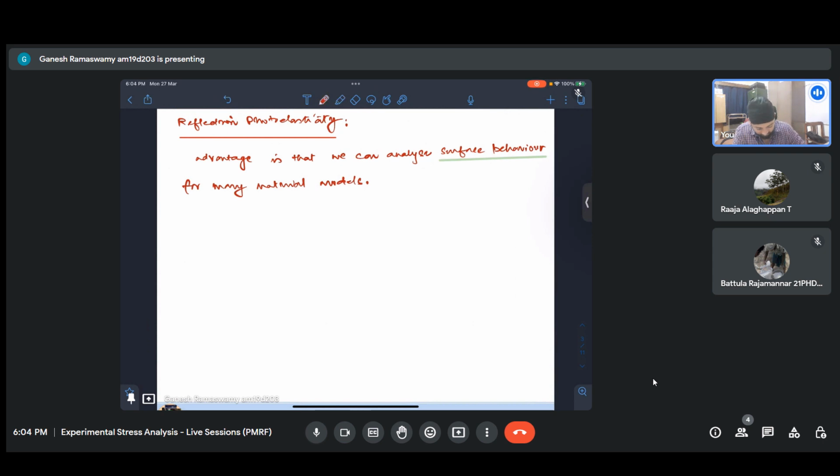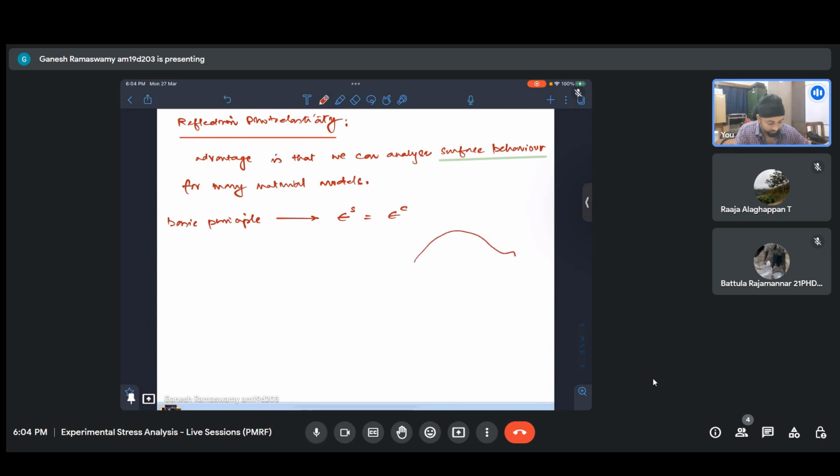So the basic principle is the surface strain of the specimen is transmitted to the surface strain of the coating material.